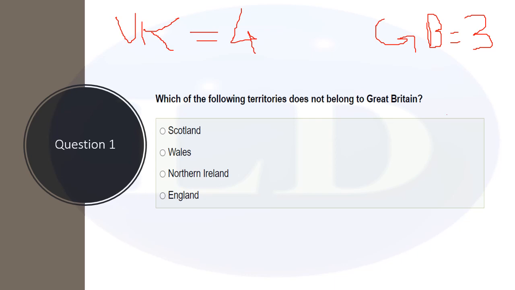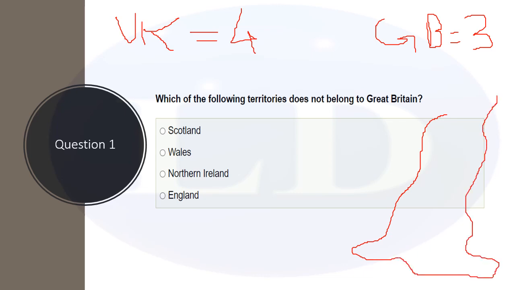Let me draw the map of the UK. It's a very rough and raw form, something like that, and there's one here as well. When I say 2-piece, I mean this one. One piece of land is here, then there's the sea, and then the second piece of land is here.